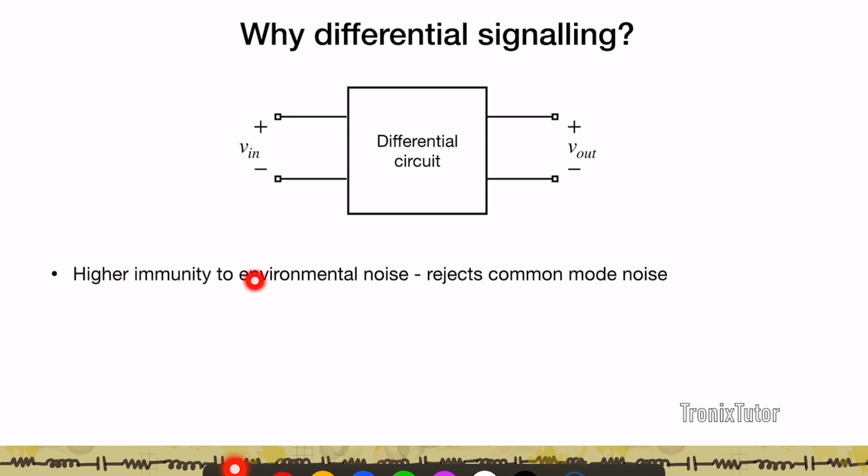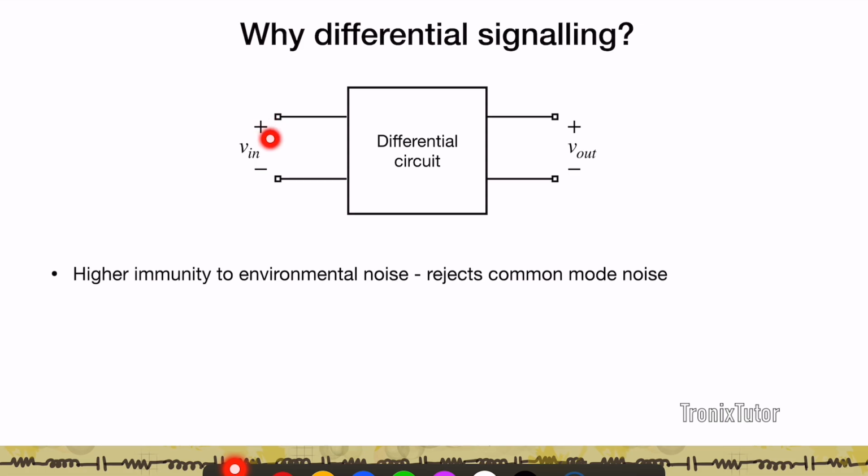Now, what is the advantage? The big advantage that differential signaling brings is that if you look at these two pins and they're close by, then for any environmental noise that's present in the circuit, one can assume for the most part that both these pins will be affected.